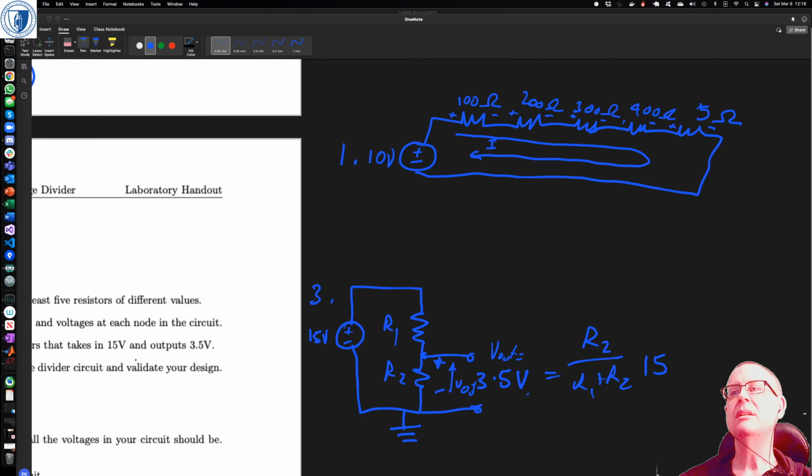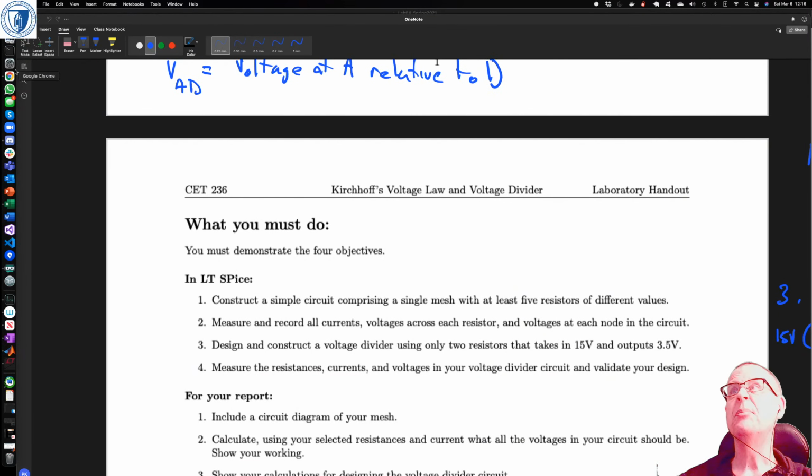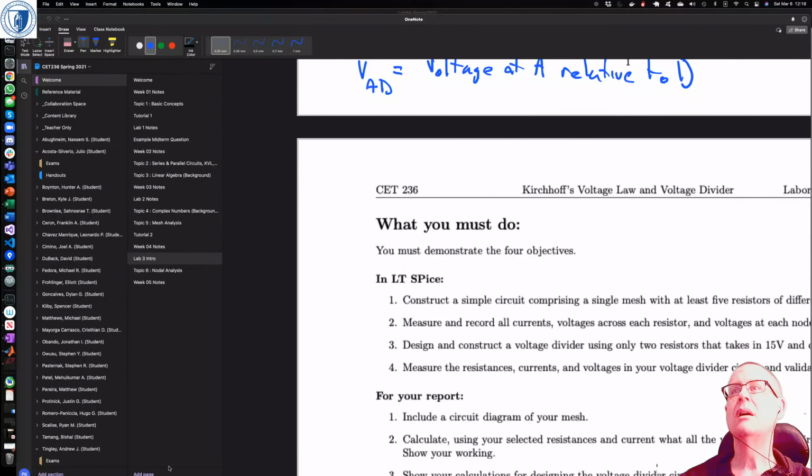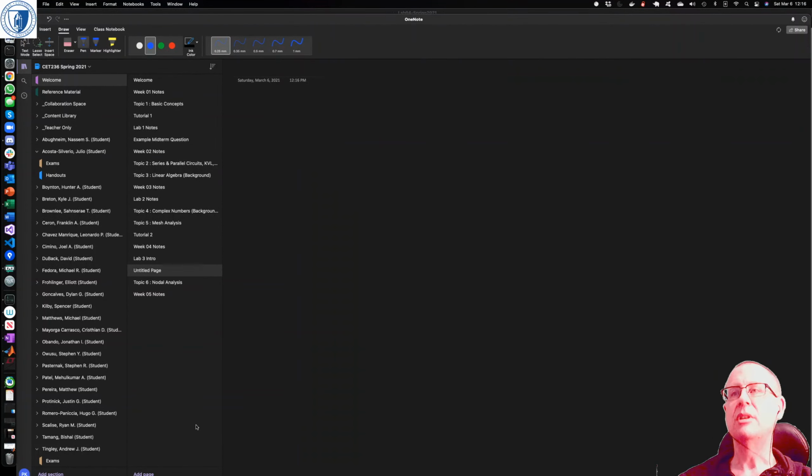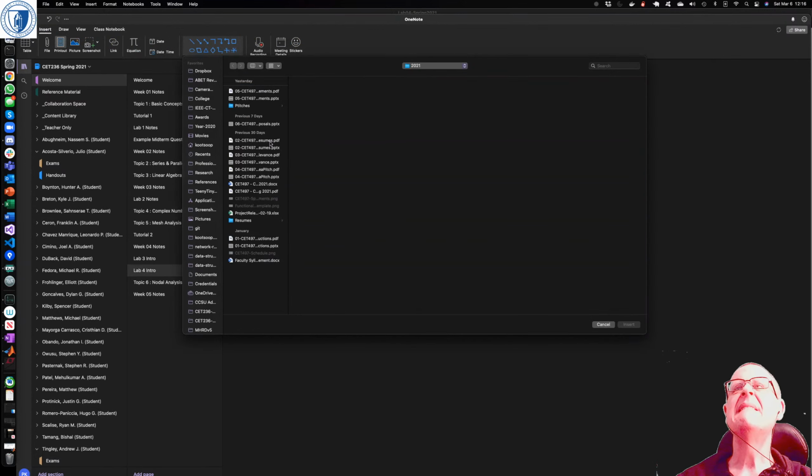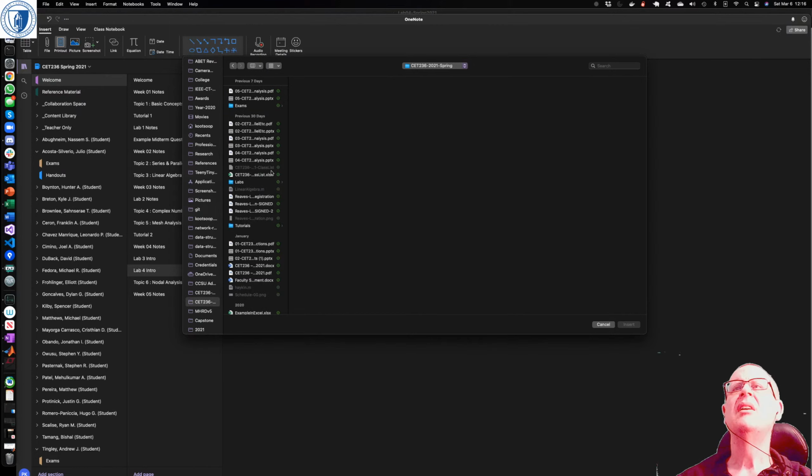And then go over here, and we'll put in a page for Lab 4 intro. And I might just insert the printout as well. Now that is the wrong course. Labs. Oh, that's right.